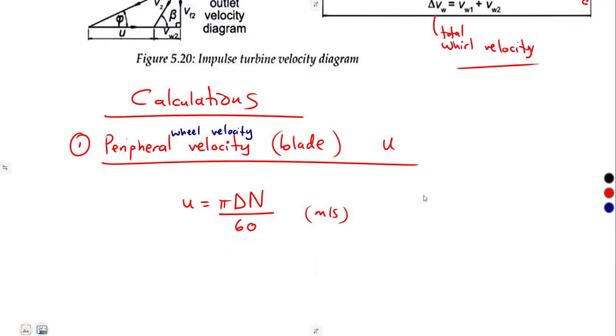Meters per second. So that is what basically you're going to have, where D is simply our rotor diameter in meters, and N is going to represent our rotor speed. So this one is simply our rotor speed in revs per minute.